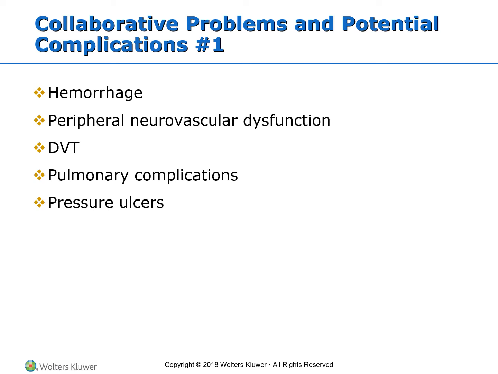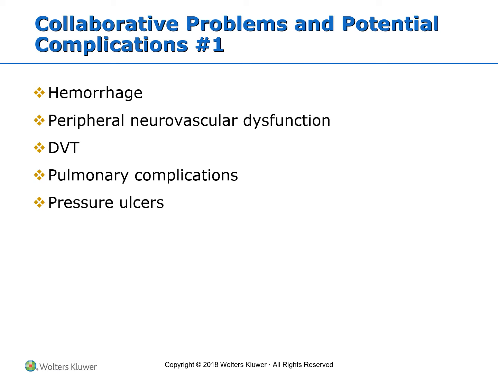Other possible complications, hemorrhage. So make sure that you're watching, especially if they had surgery, for any kind of internal bleeding or outright hemorrhage where you see the blood exit the body. Peripheral neurovascular dysfunction, you're going to do your neuro checks. Do those 5 Ps to make sure that there isn't any damage or potential for damage because it can be permanent.